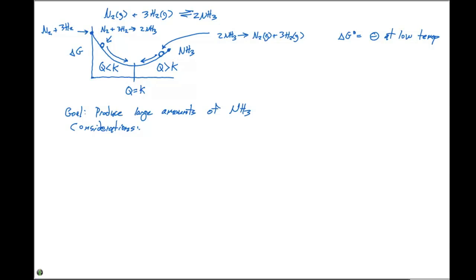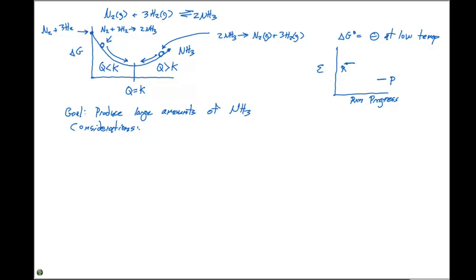So what this tells us is that if we look at our energy reaction diagram, if we plot energy on the y-axis and reaction progress on the x-axis, our reactants are going to be higher in energy than our products.